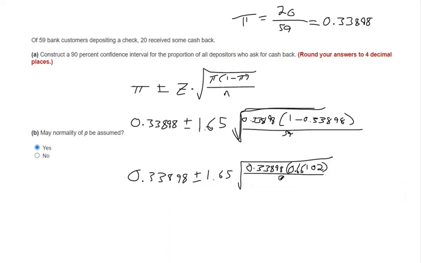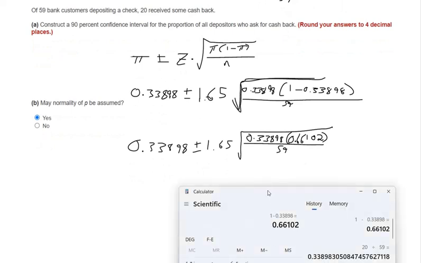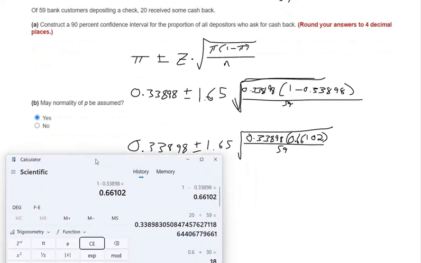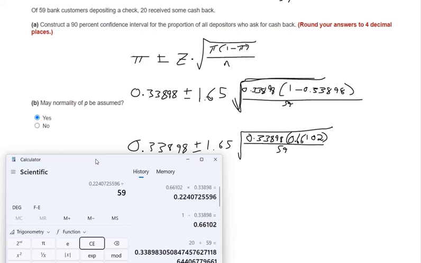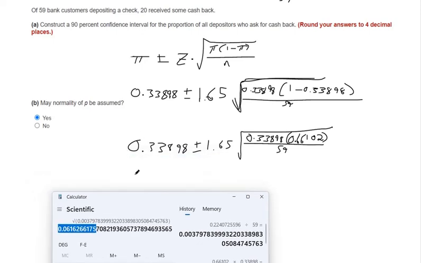It's all over 59. And here we can do inside the square root altogether. Take those two numbers in the top of that fraction, multiply them, and divide it by 59. And then we want to square root that result. So this is what I've got for the standard error.